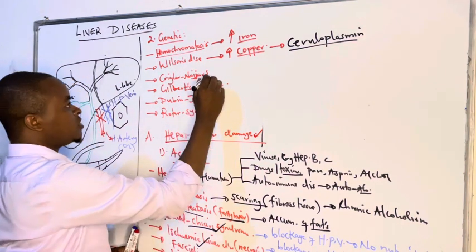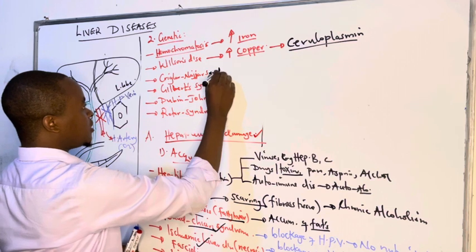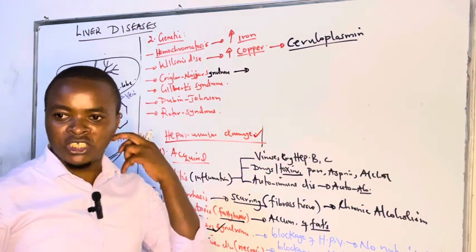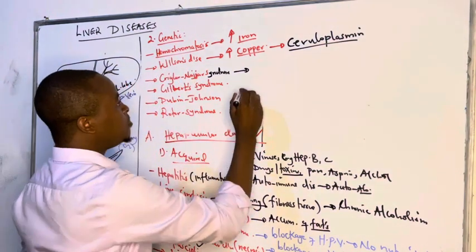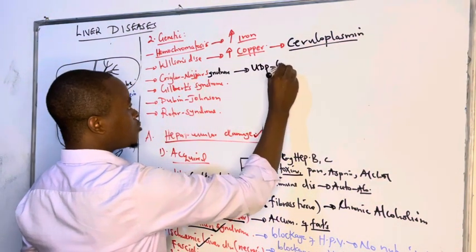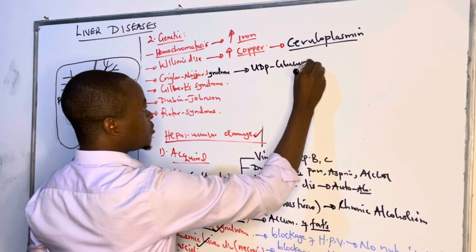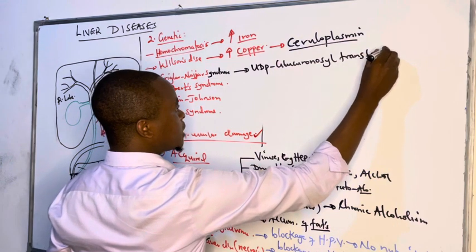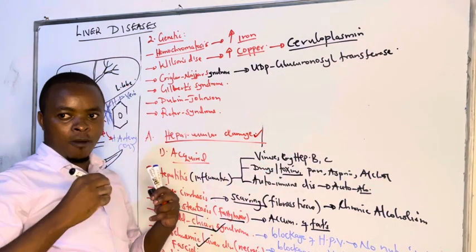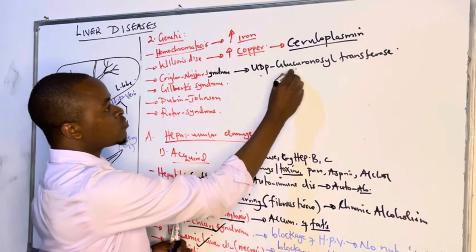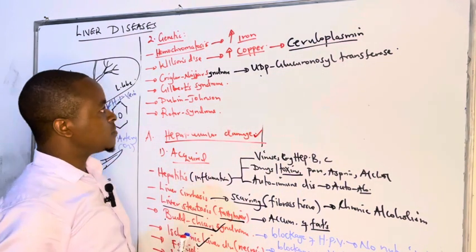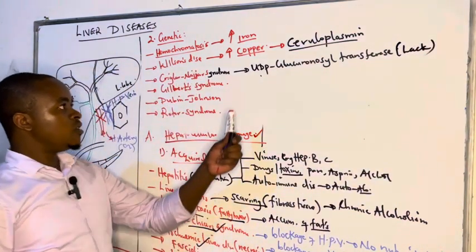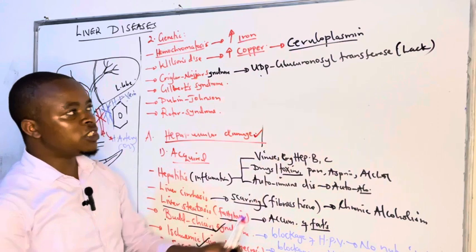Then Crigler-Najjar syndrome. This is an inherited disorder whereby people are born without genes for synthesizing UDP glucuronosyltransferase enzyme. So there is complete lack of UDP glucuronosyltransferase. What is it responsible for?